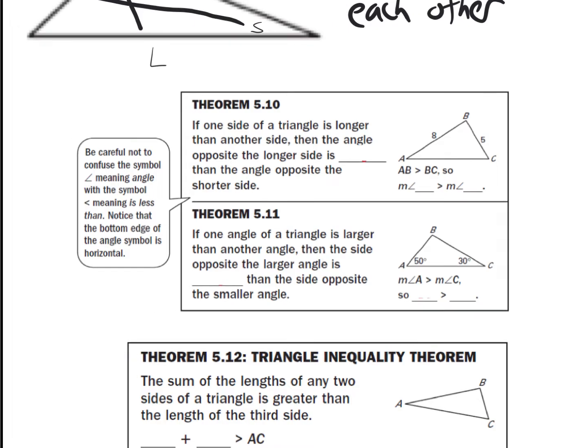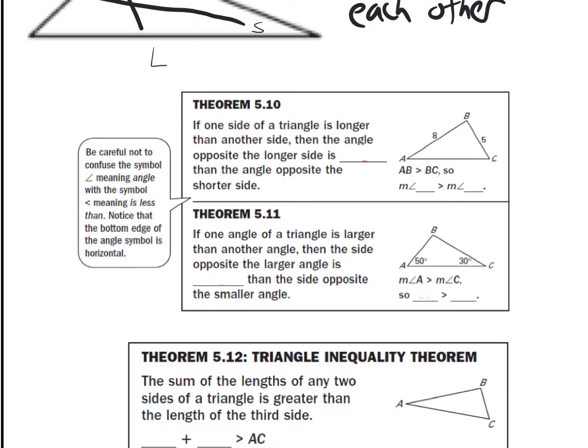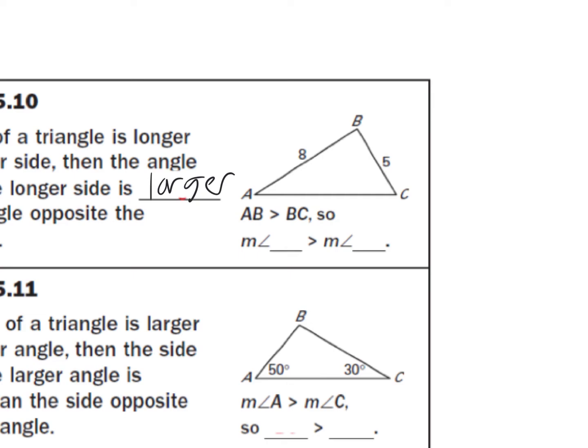Okay, sounds good. All right, we have some theorems here. So we kind of talked about this. This is kind of an extension of what we just talked about, all right? So if one side of a triangle is longer than the other side, then the angle opposite the longer side is larger, is what? Larger than the angle opposite the shorter side, right? So you can see that A is across from 5 and C is across from 8.